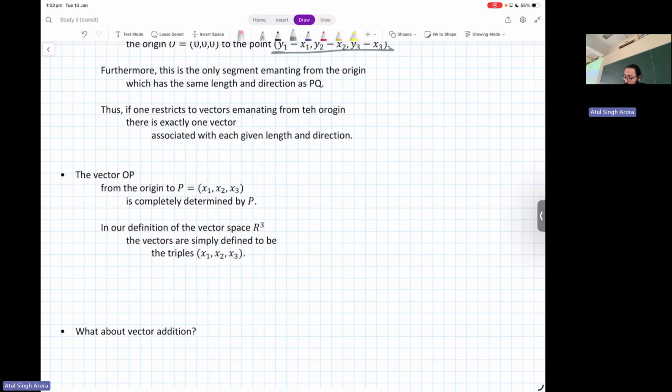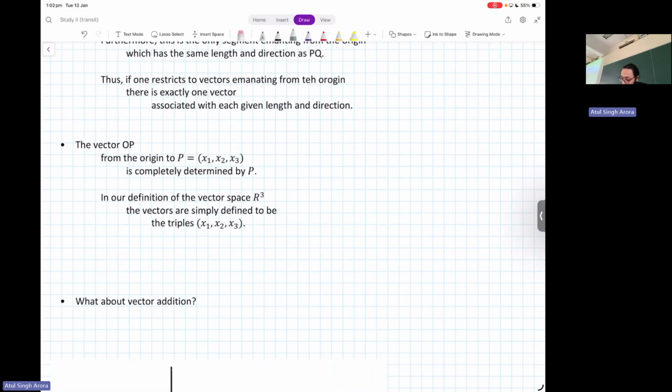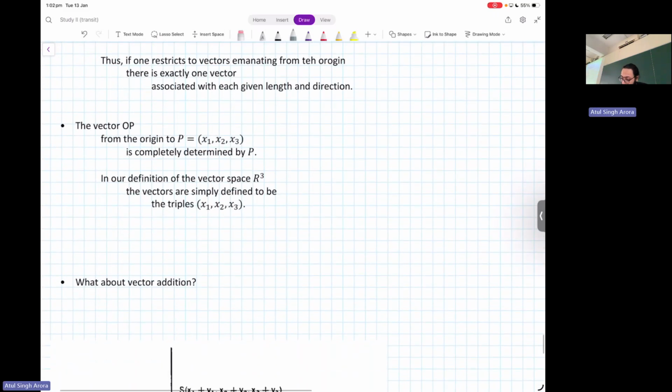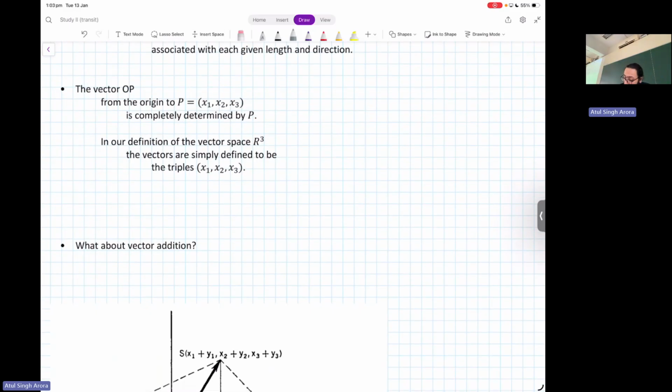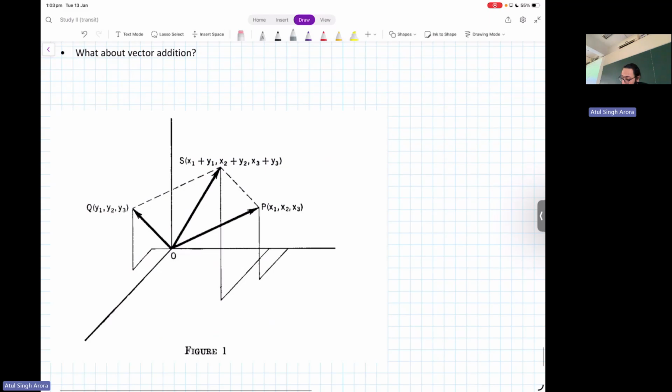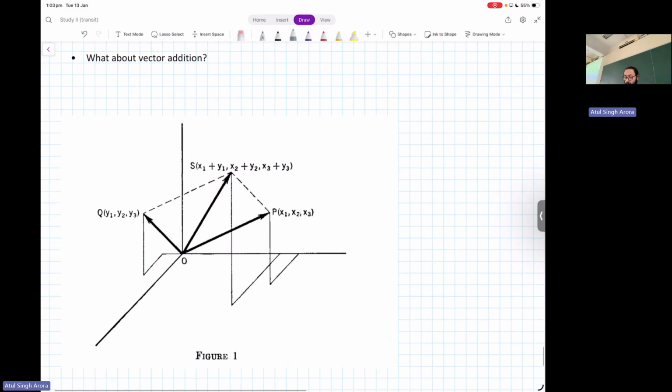In the definition of our vector space, this is what I just said. And then there are going to be 2 sorts of operations that we're going to add. We'll formalize it in the next class, but intuitively we look at 2 operations. One operation is how do you add 2 different vectors?